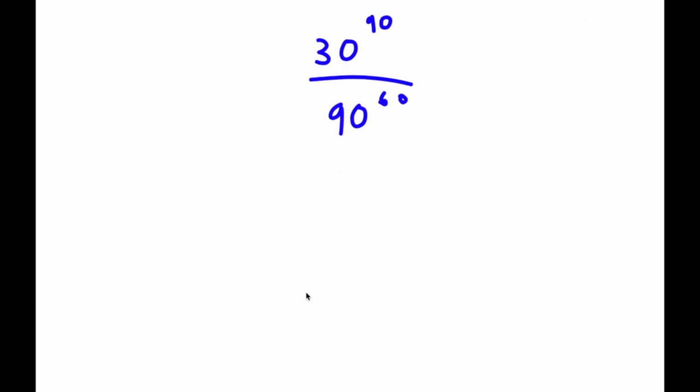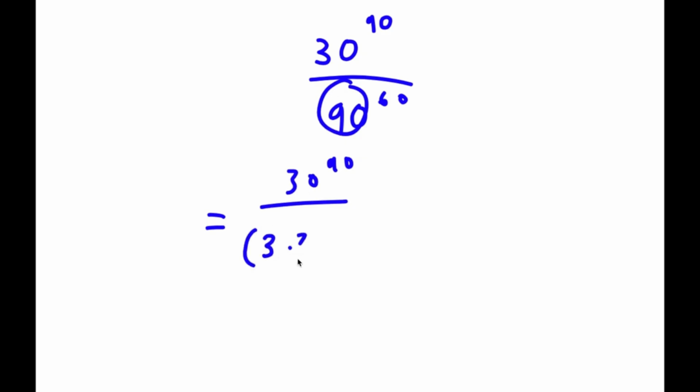Alright, so in this problem, I have 30 to the power of 90 over 90 to the power of 60. So to solve this, I'm going to first rewrite 90 here as 3 times 30. So now I have 30 to the power of 90 over 3 times 30 to the power of 60.